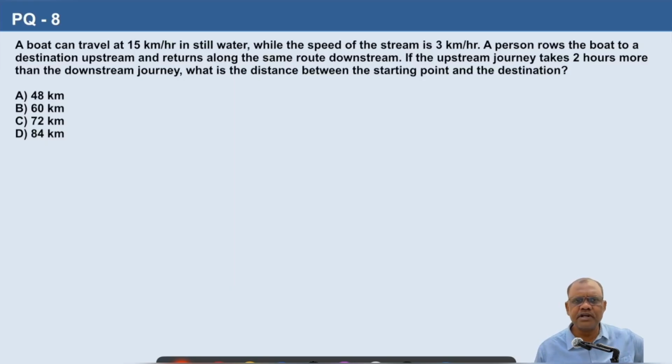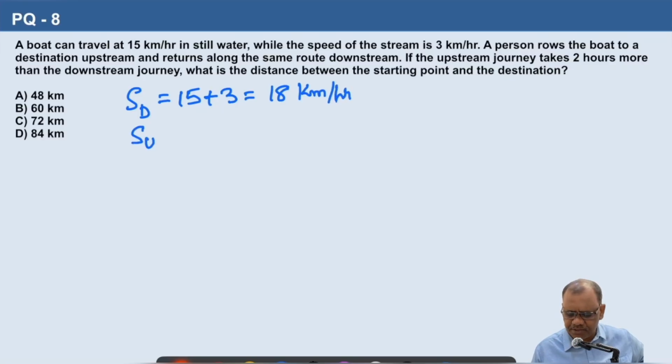So first of all, we have to find out the speeds: speed in upstream and speed in downstream. Speed in downstream is 15 plus 3. Still water is 15 and stream is 3. 15 plus 3 is 18 kilometers per hour.